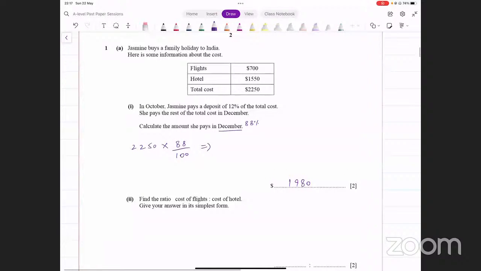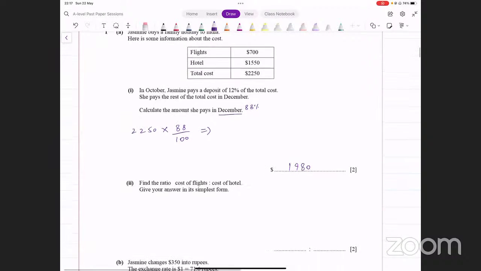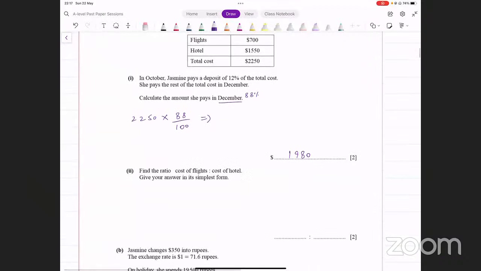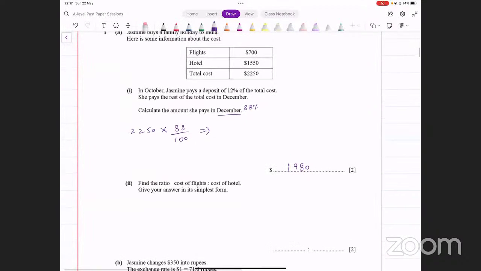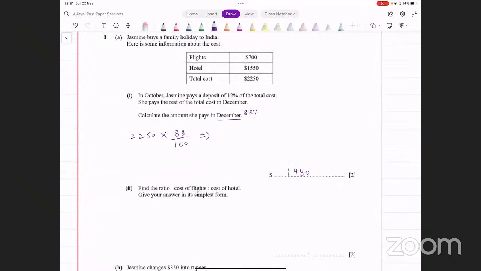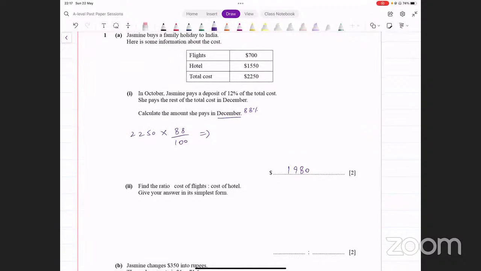Now it says find the ratio cost of flights with cost of hotel. या अपने रेशियो फाइंड करने, you've got to give your answer in its simplest form. तो basically आपने decimals में convert नहीं करना, integer form के अंदर whatever is the simplest form, that's how you're going to give your answer. Okay, so it says cost of flights and cost of hotel. These are the two costs that we're talking about, 700 and 1550. The quickest way of doing this would be कि आप ये fraction डाल दें calculator के ऊपर. 700 is the cost of flights and 1550 is the cost of hotel. आप क्या करेंगे? 700 over 1550.